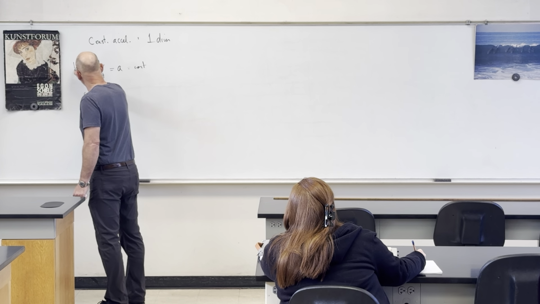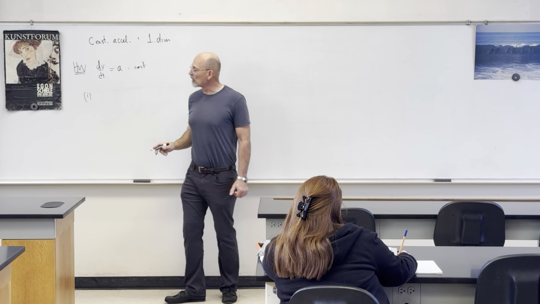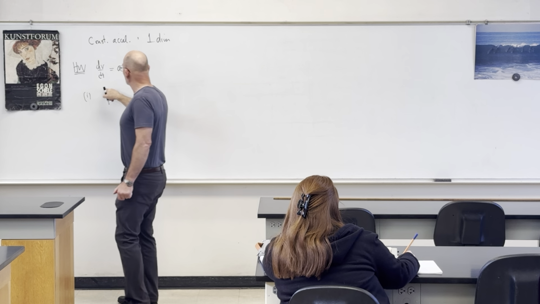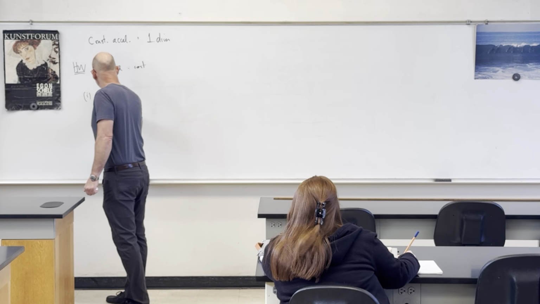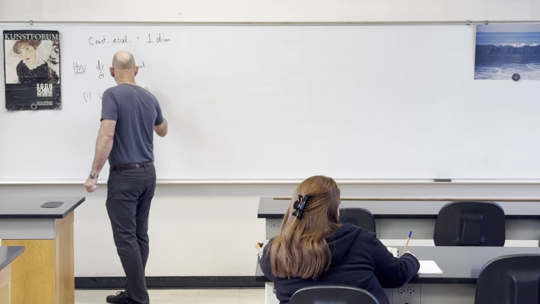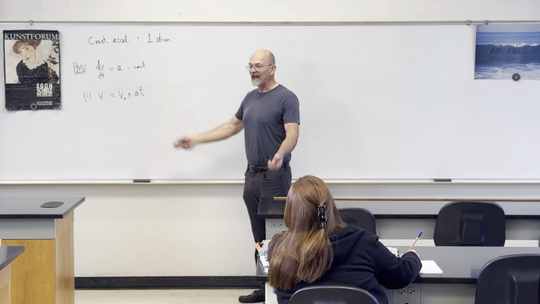And I'm going to put this as homework. This one I'm going to just work through, but you fill in any missing things. So because of that, we can say v equals v naught plus a times t. That's just the antiderivative.